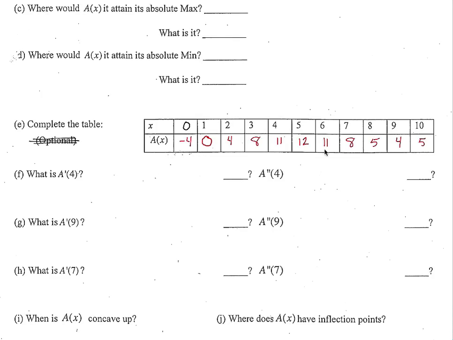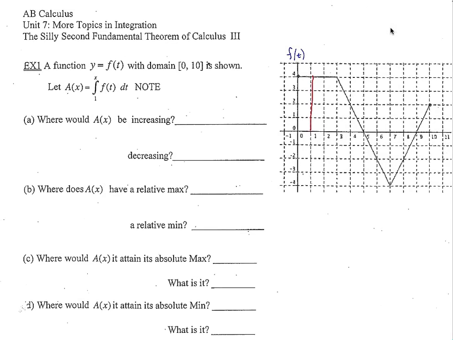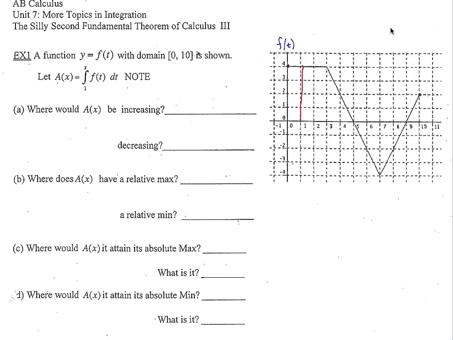Alright, so how'd you do? Just quickly, to make sure that everybody's understanding this concept, when x is 0, we're going from 1 back to 0, so the area is these 4 squares, so A of 0 is going to be negative 4. When we're going from 1 to 1, we already did that one, A of 1 is 0.